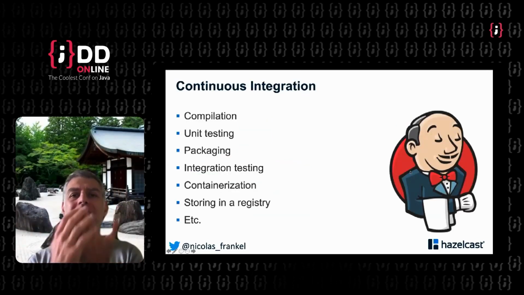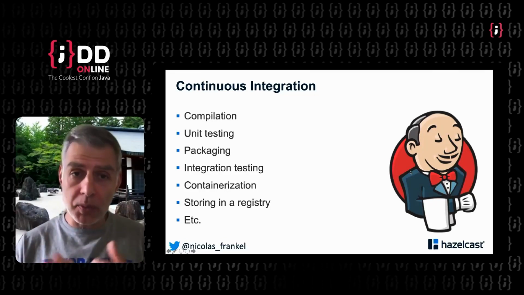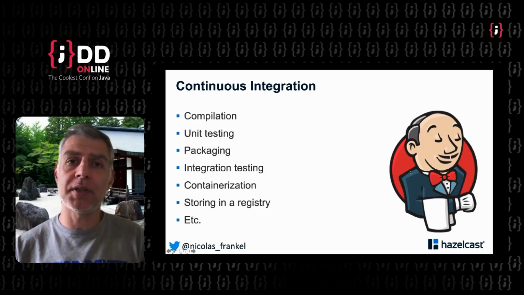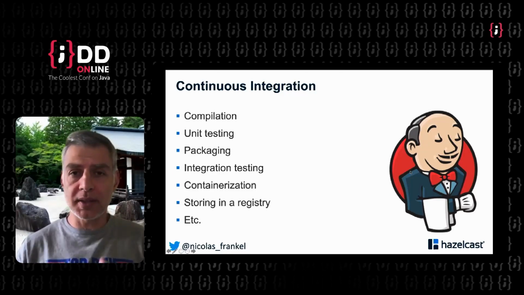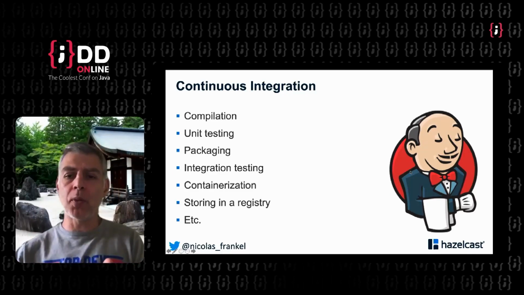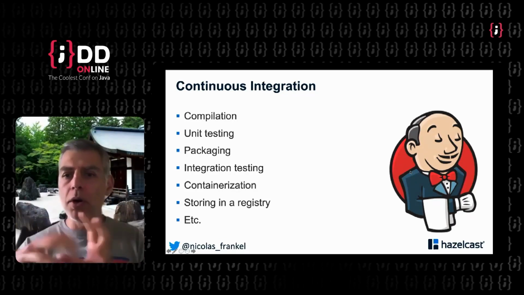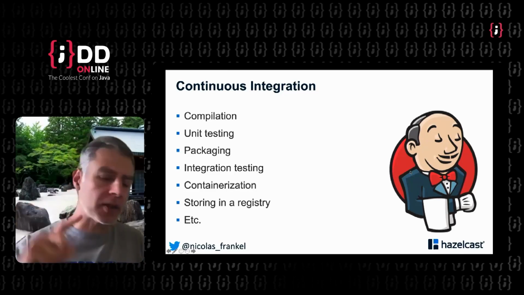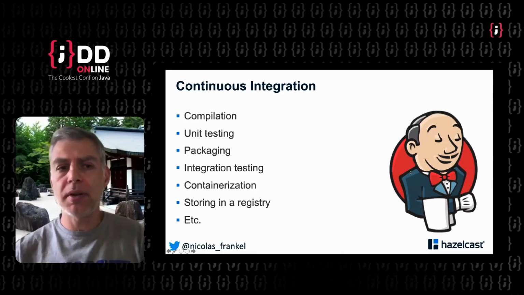Continuous integration. I hope that everybody who fancies himself or herself a developer is doing continuous integration. I hope nowadays it's a given. Continuous integration is the fact that once you have worked on something, you want to merge it with the rest of the work of your team and make sure that compilation works and that unit tests run as well.